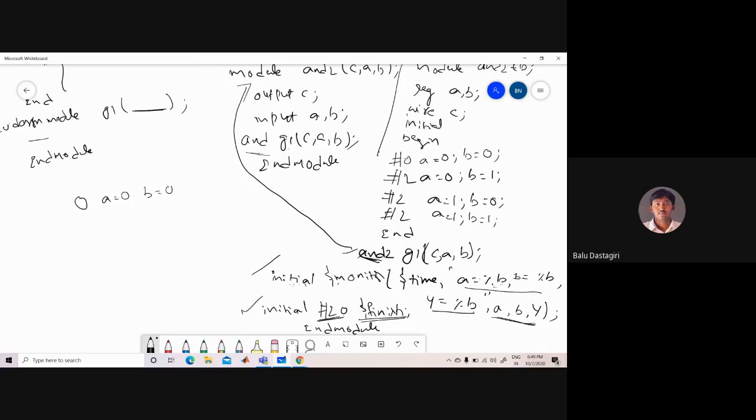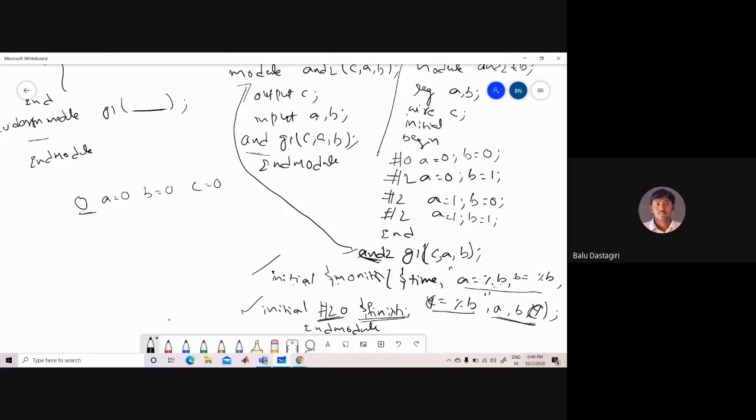I have specified A equal to 0 and B equal to 0, so the AND operation of 0 and 0 gives the output C equal to 0. Here I have taken Y as C. So it comes here and will plot: at 0 time units, A is 0, B is 0, C is equal to 0. The simulation time is at 0 time units, but the simulation will end at 20 time units.